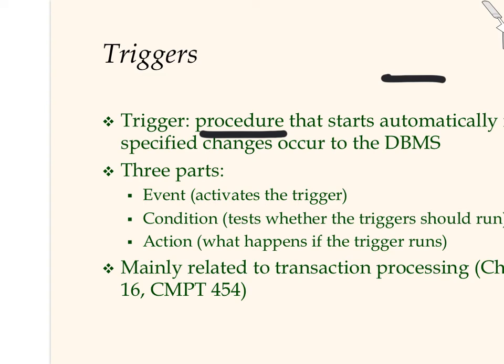So you can say run this trigger only for certain circumstances. And then when the event happens and the condition is evaluated as true, then you specify the action that should be taken when the trigger runs. If you want to know more about this in glorious detail, it certainly gets covered under the topic of transaction processing, which I've mentioned is covered in 454.